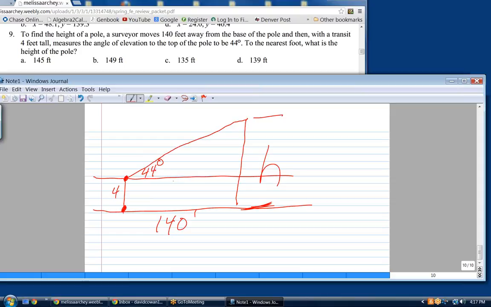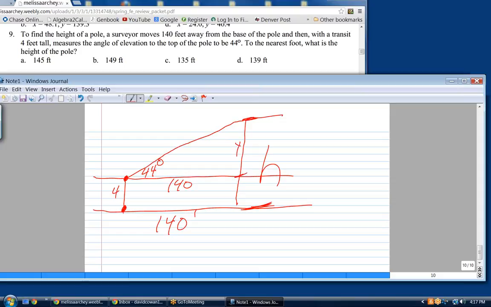Let's look at this top triangle here. We know that it's 140 across here, right? So give me a trig function that will let me calculate this measurement y, which is just from here to here.